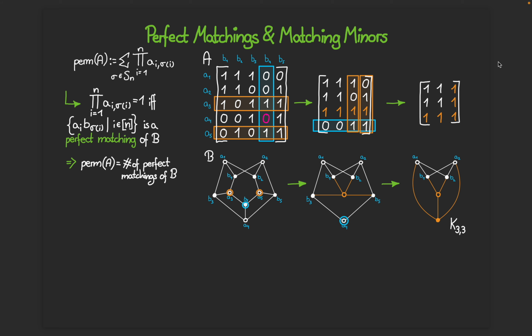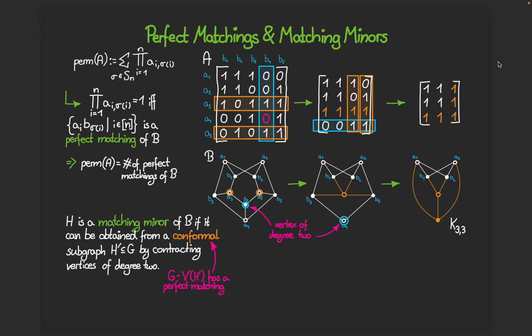bi-adjacency matrix of K33. And now we can say that the graph H is a matching minor of G if it can be obtained from a conformal subgraph of G by contracting vertices of degree 2, which is exactly what's happened here. This is what certifies this special property of our columns and rows.